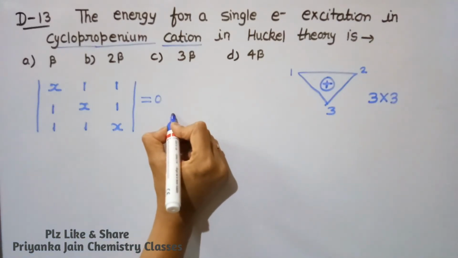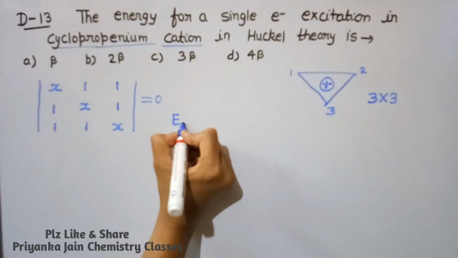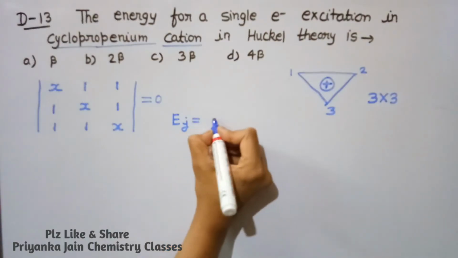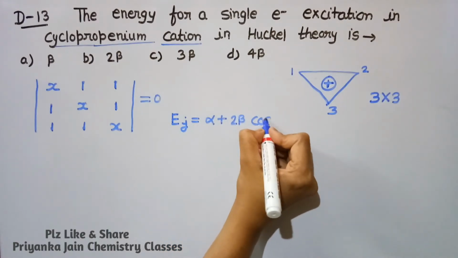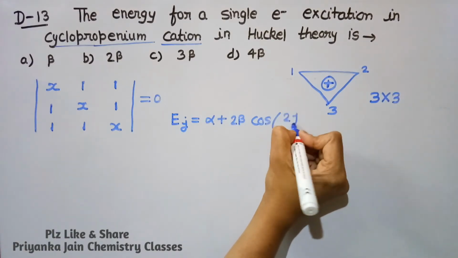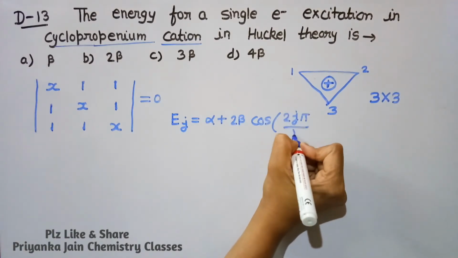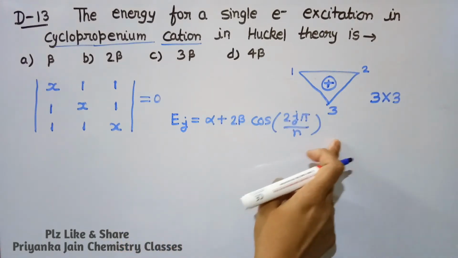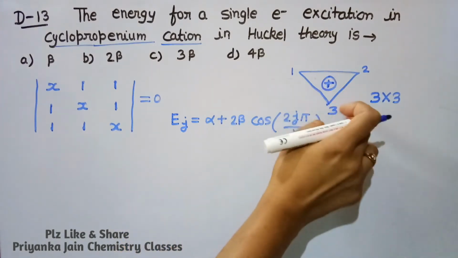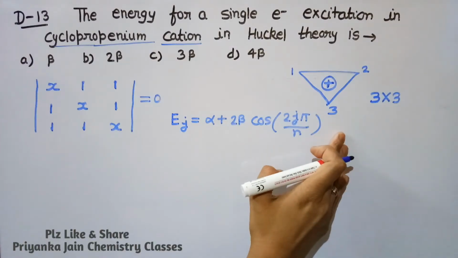And what was the formula for cyclic polyenes? I have already told you. This is the formula: E_j is equal to alpha plus 2 beta cos 2j pi upon n. So now we have to find out 3 energy levels because n is equal to 3, so there will be 3 energy levels.